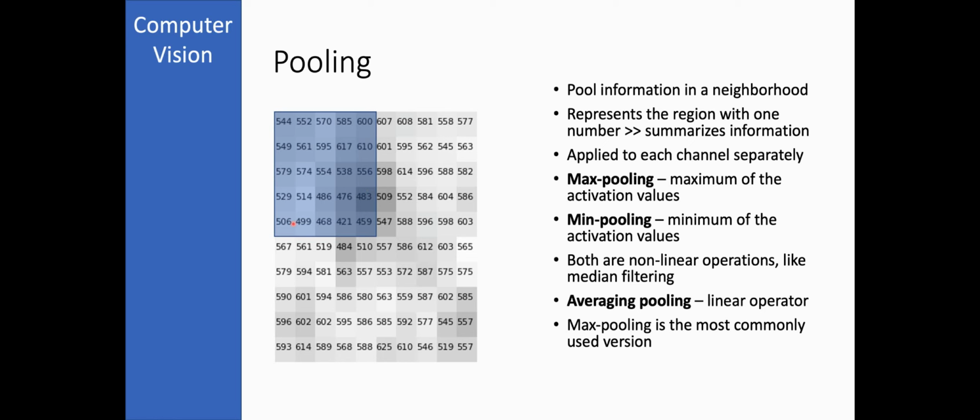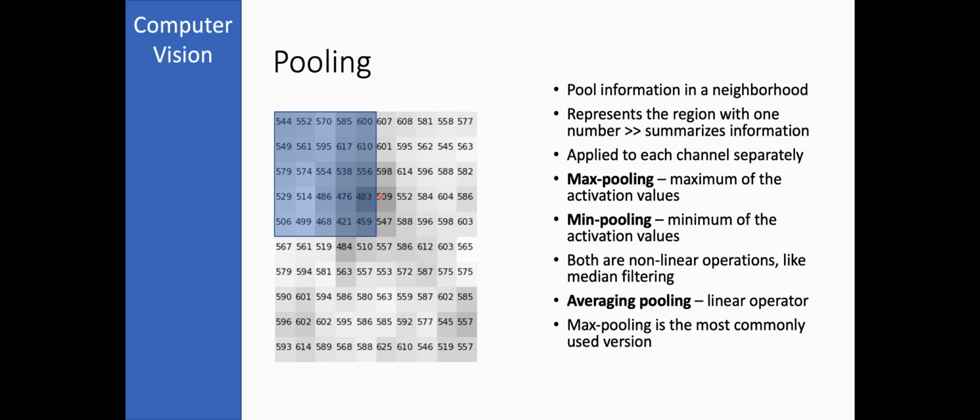So in this area, the maximum value, for instance, can be 617. You can alternatively look at min pooling, so basically retain the minimum value. Both of these are nonlinear operations, so they're almost like rank filters or median filtering. You can also think about doing average pooling, which is a linear operation as well.